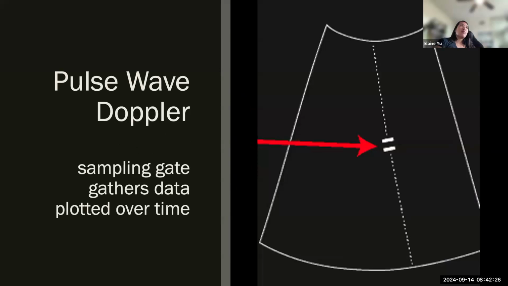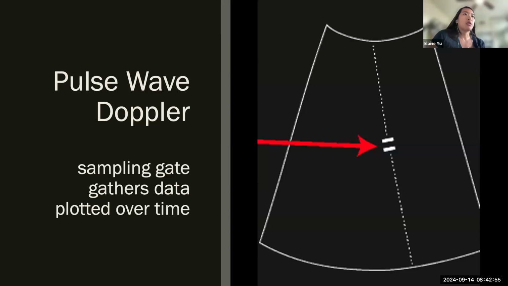And then lastly, we have pulse wave Doppler, which in addition to that box that you have to select and move across the screen, there's actually going to be what's called a sampling gate. Some people call it the equal sign. I like to call it the hamburger. However you want to call it, you have a sampling gate and you actually want to adjust that in addition to the box that you're moving across the screen to look for flow right at that area.